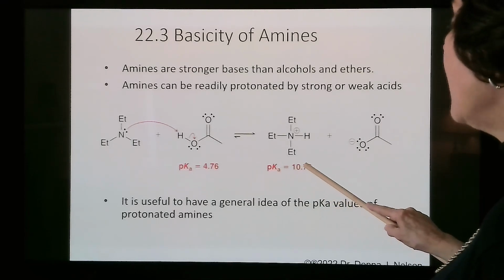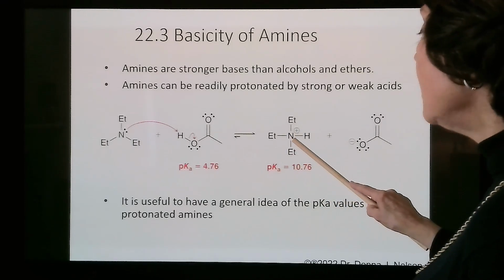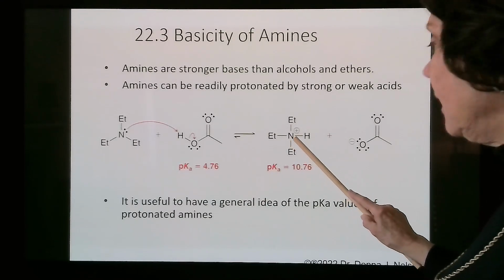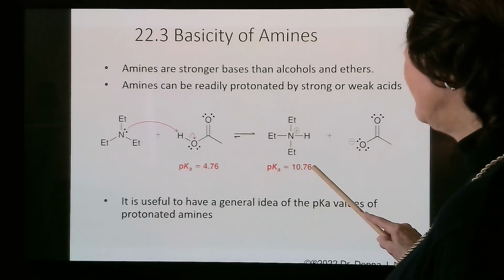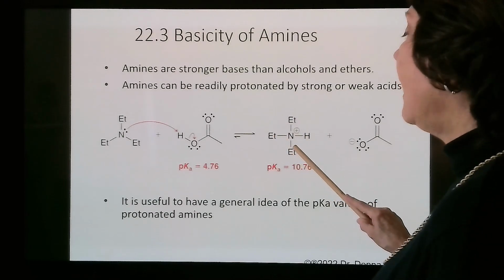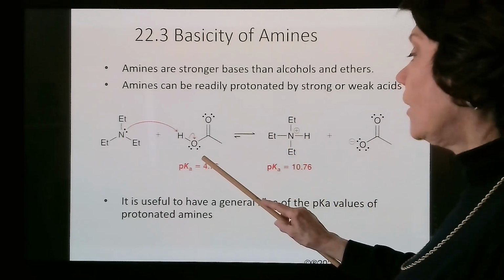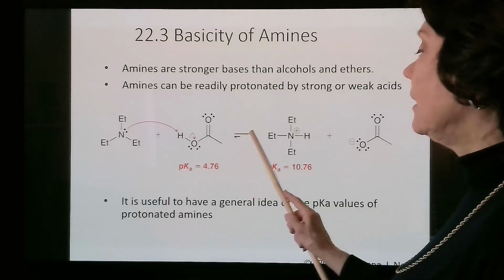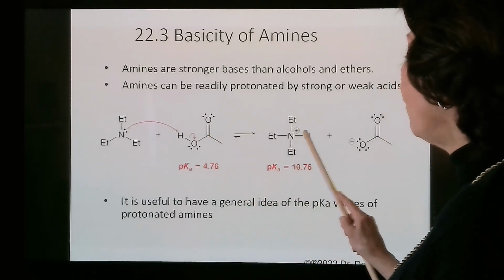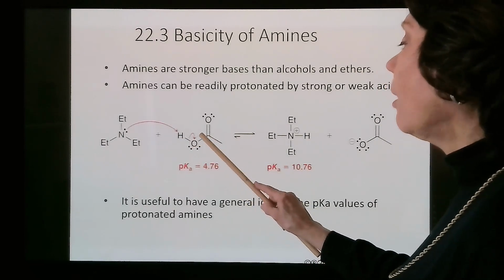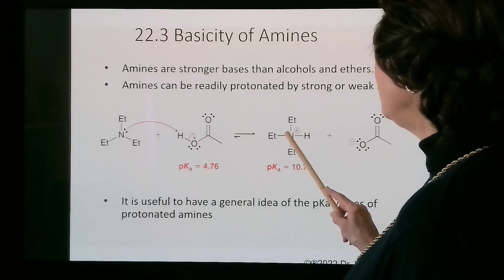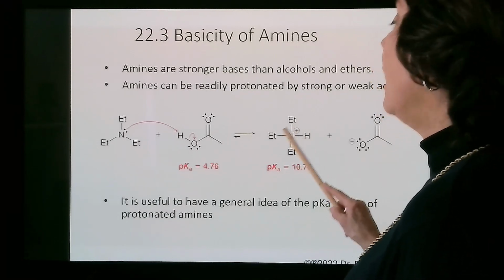The pKa of the protonated amine, so this is the conjugate acid here, is 10.76, indicating that it has a very low acidity compared to that of the carboxylic acid, which is 4.76. So the equilibrium lies far to the right, indicating that the carboxylic acid tends to give up the proton and the amine tends to accept it.